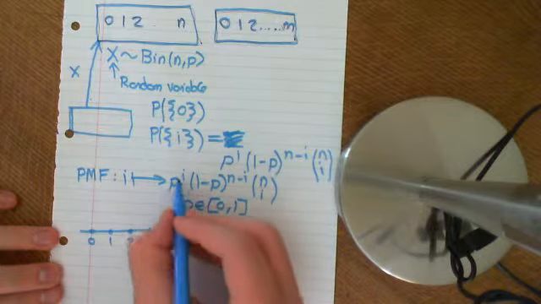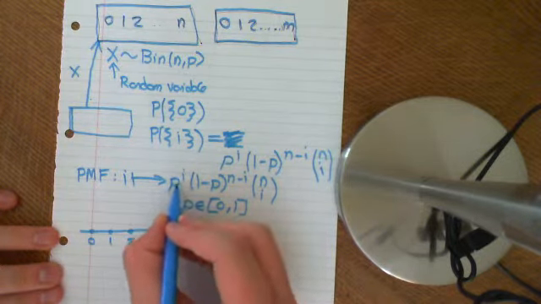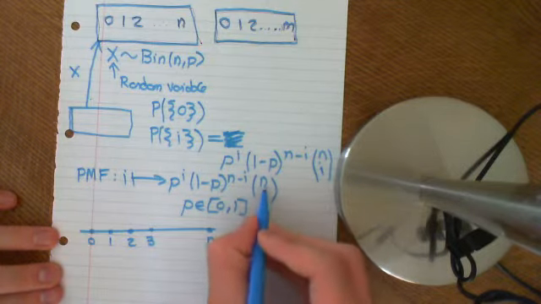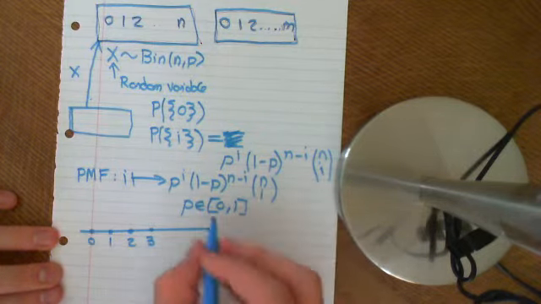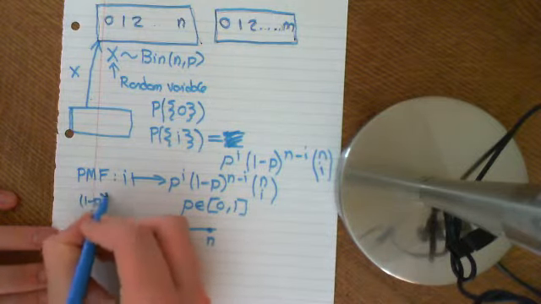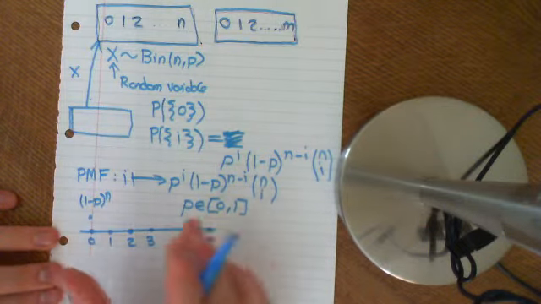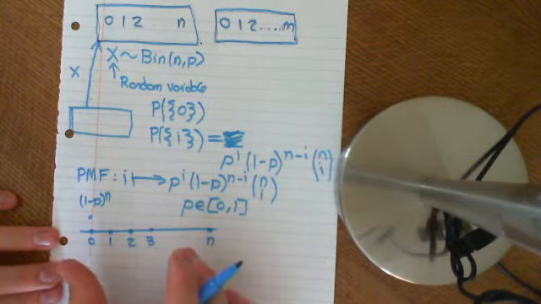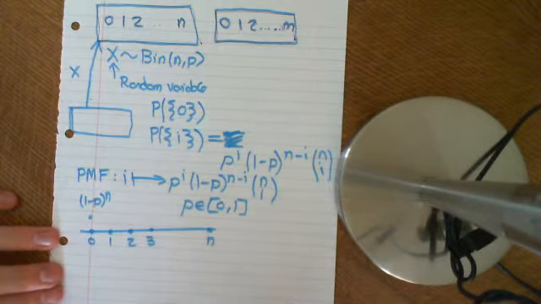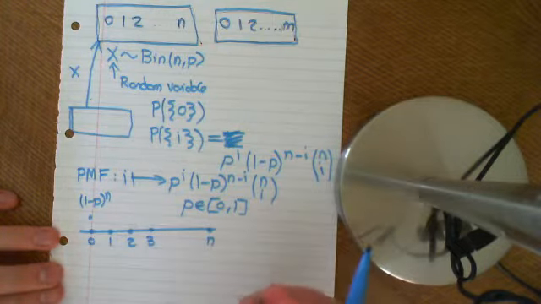For 0, you put p in, you get p to the power of 0, which is 1, then 1 minus p to the n, and then n choose 0, which is 1, so you get 1 minus p to the power of n. You can do that for each one of them, and we know how to get the probability of any other event from the probabilities of the singletons, because any other event is just a disjoint union of some of these, so we just add them together.